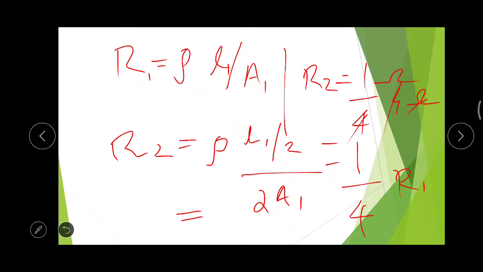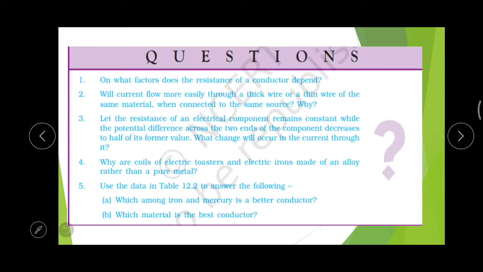Substituting that value, 1 by 4 into 4 ohm is the value of R2, and the 4s cancel each other and the remaining will be 1 ohm. So the R2 value will be equal to 1 ohm. I think this much is clear. Now we will discuss the intext questions also.